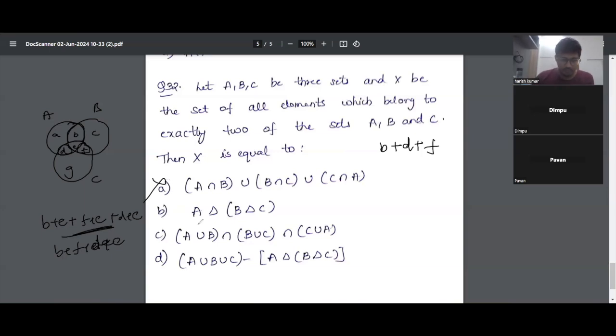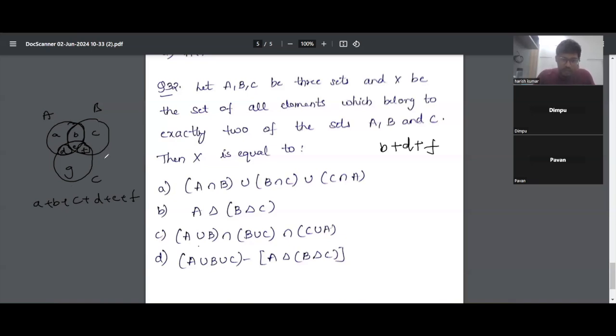Then I'll leave option B, because I'll look at it in the last case. So then I look at option C: A union B, B union C, and C union A. A union B means I'll get all of these parts.